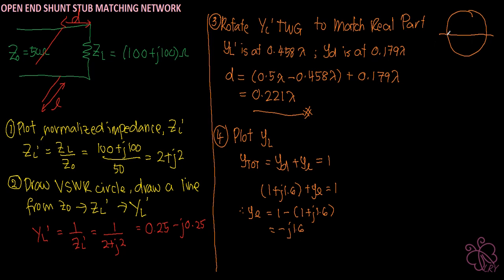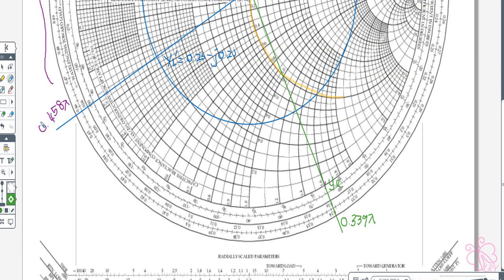The left side is open circuit and the right side is short circuit. So we will move towards the generator from open because our stub is open. Our YL is 0.339, so we move towards generator.